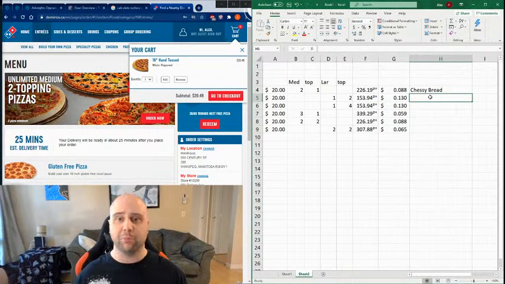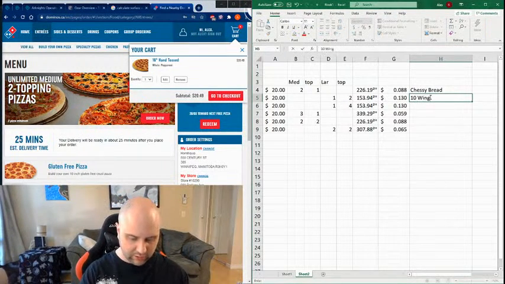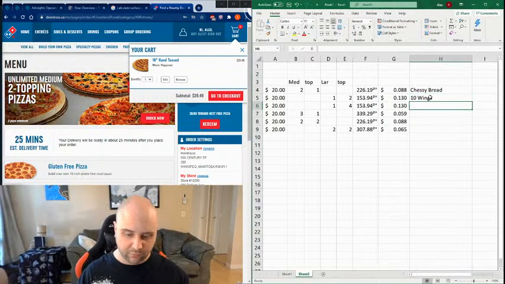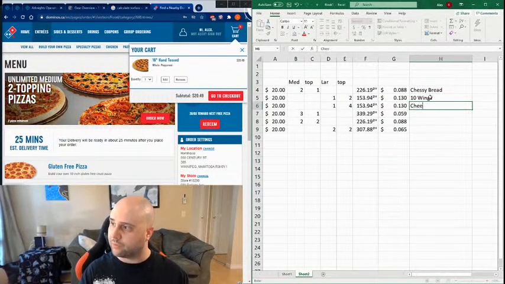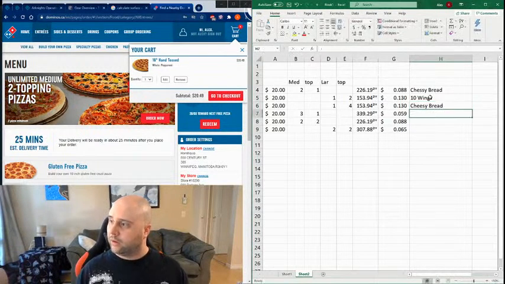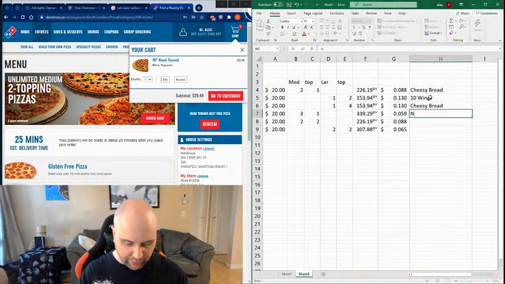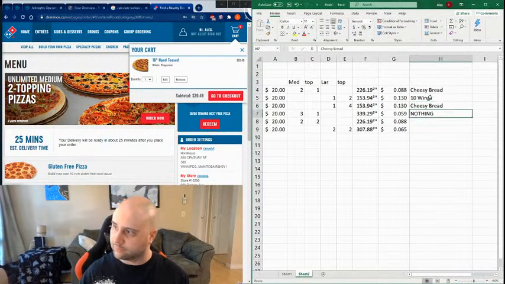Here we're getting 10 wings. Here we're getting, again, cheesy bread. See, this is why I use a calculator and Excel. And this one we get nothing.